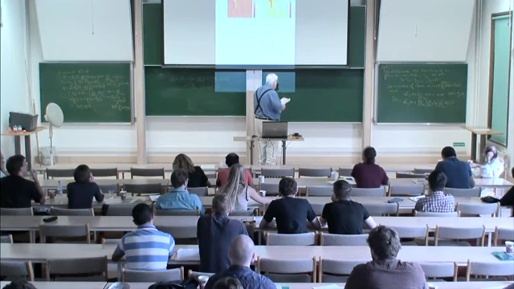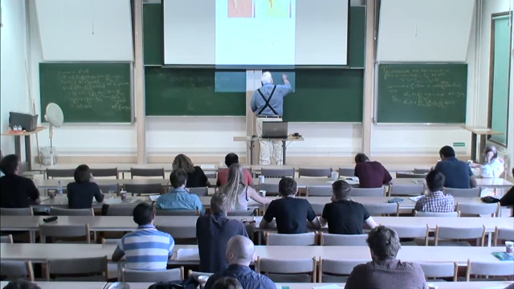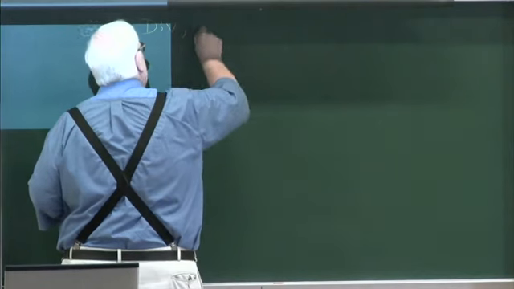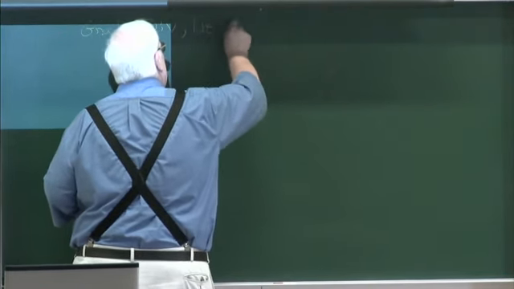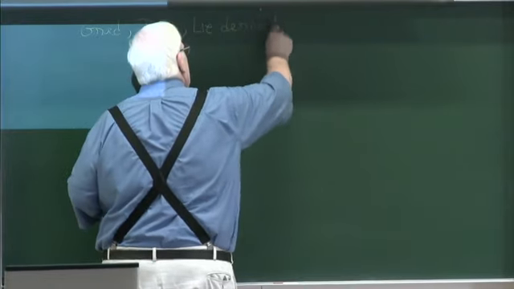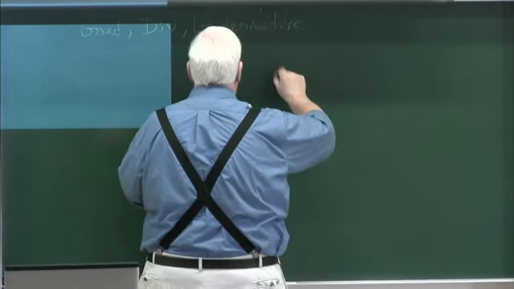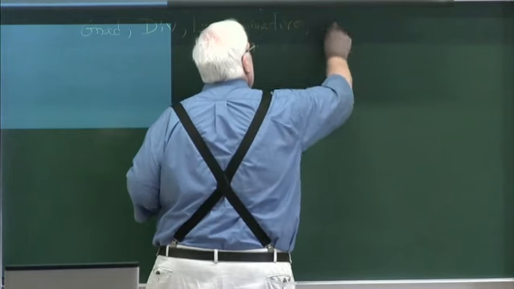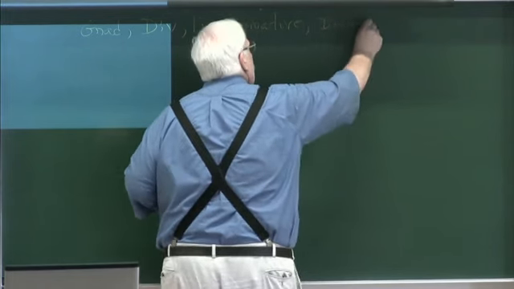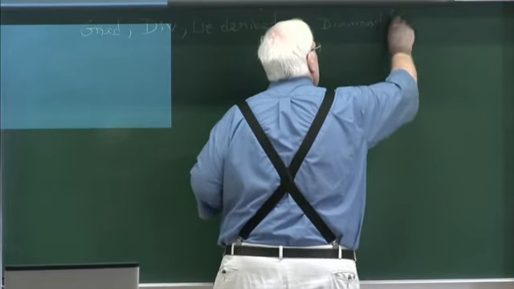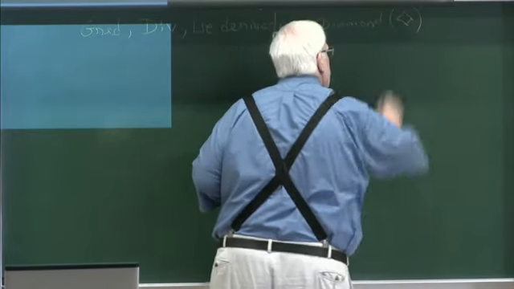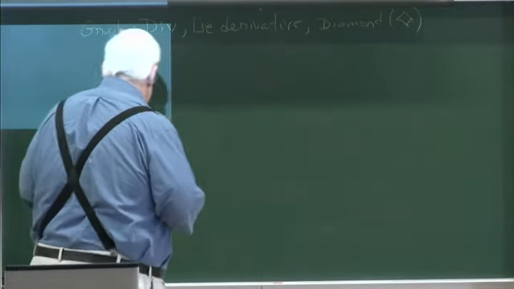Oh, okay. So we talked about gradient. Well, we talked about divergence. We talked about Lie derivative. And now we're going to talk about diamond. It's some kind of operation.